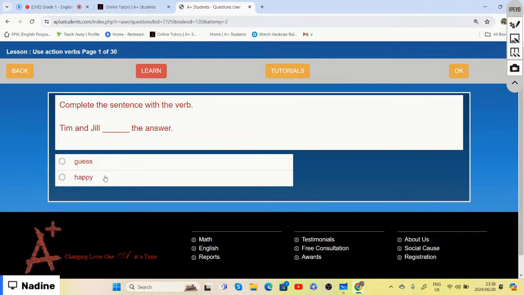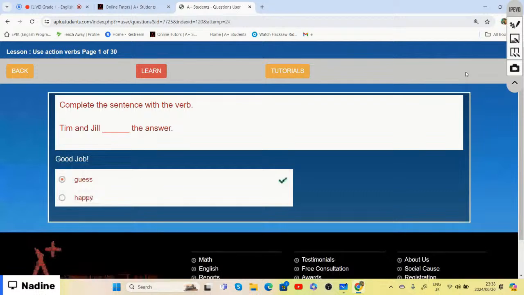And if we were to choose the correct verb, then we will say Tim and Jill guess the answer. And guess is correct. So well done.